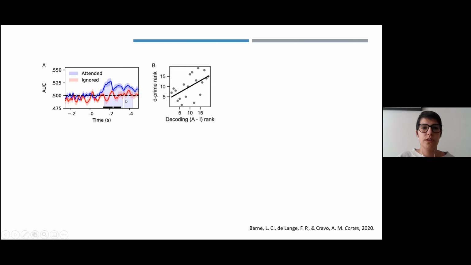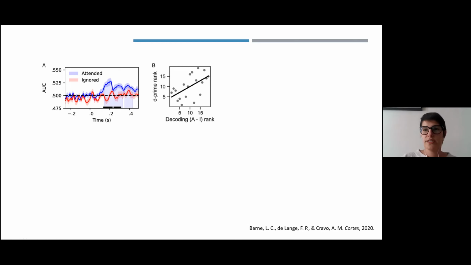Those blue bars here are the difference from 0.5, which is the guessing level, because I had only 2 orientations. And you can see that there is also a difference between attended and ignored scores, which are the black bars over here. And this is also related to the behavior.